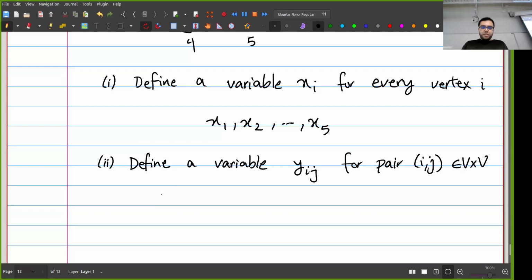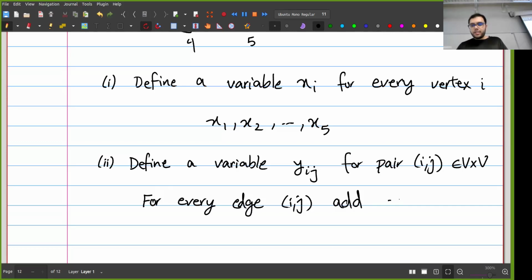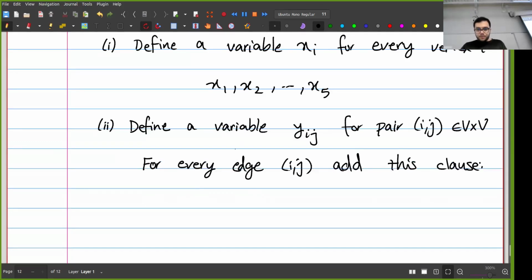Okay, so here's the thing. I say for every edge ij, add this clause to the CNF SAT formula. What is my clause? My clause is very simple. It's just yij.